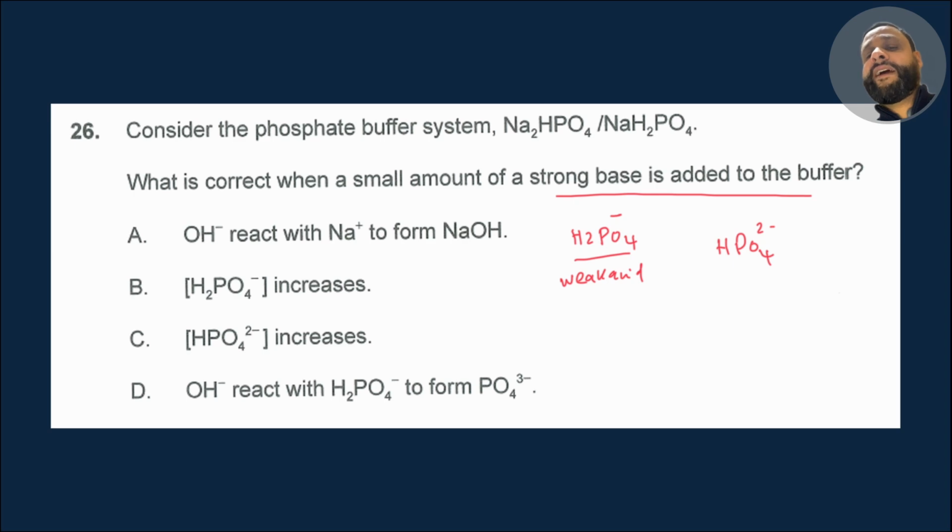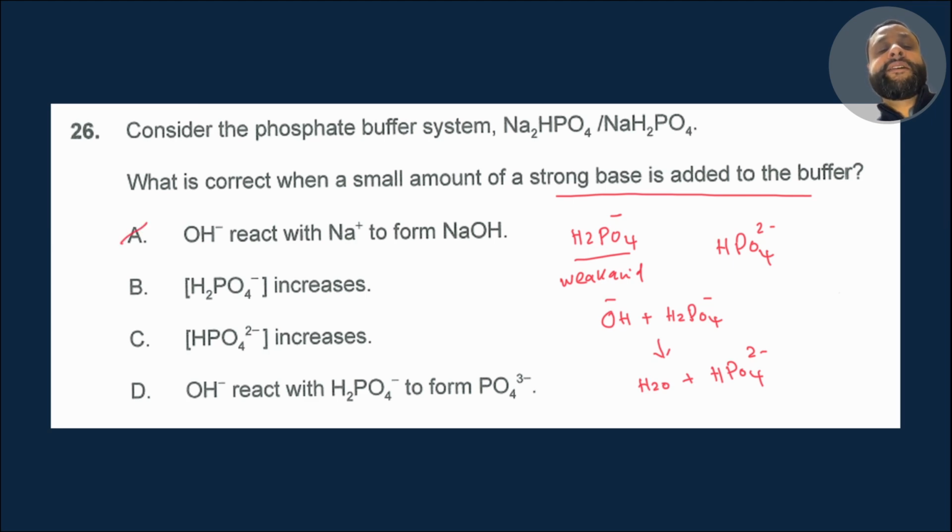So let's see, if we add a strong base like sodium hydroxide, so OH minus of that base will react with the weak acid H2PO4 minus, forming water H2O plus HPO4 2 minus to maintain the pH. So let's read these statements. OH minus react with sodium ion to form sodium hydroxide. No.